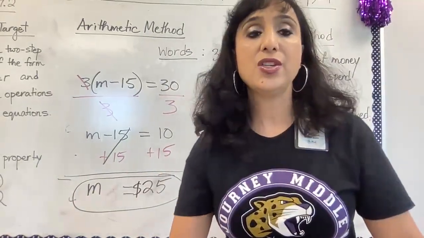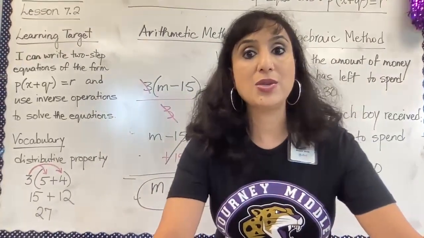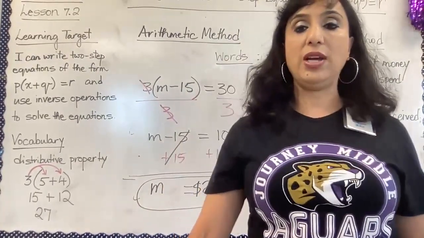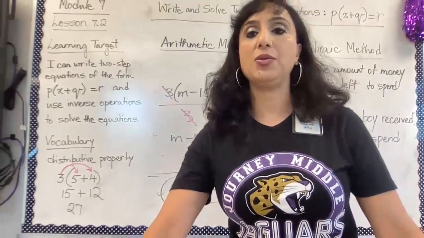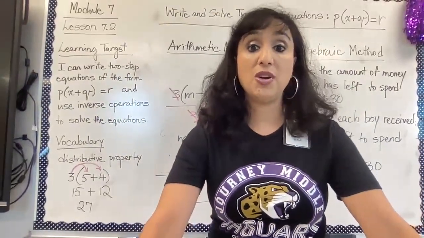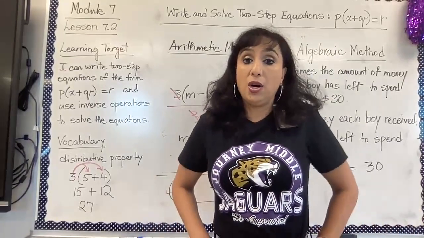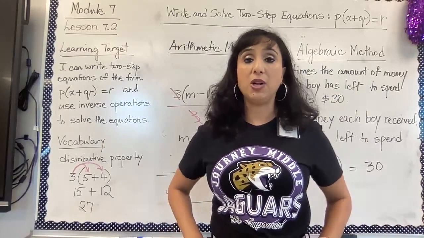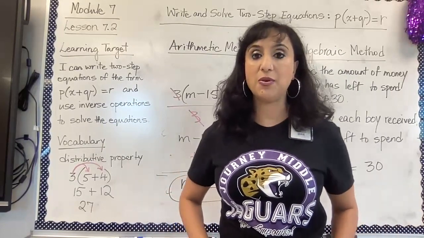All right. So once again, that is lesson 7.2, two-step equations. To solve two-step equations, you can use, of course, the distributive property, or you can use your properties of equality, and that is basically using the inverse operation.